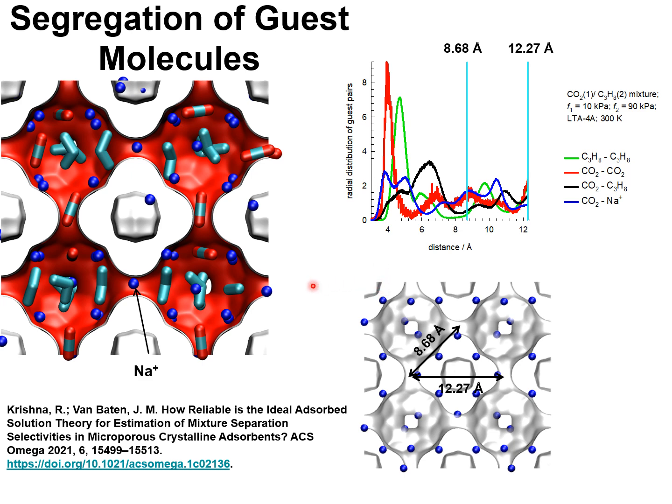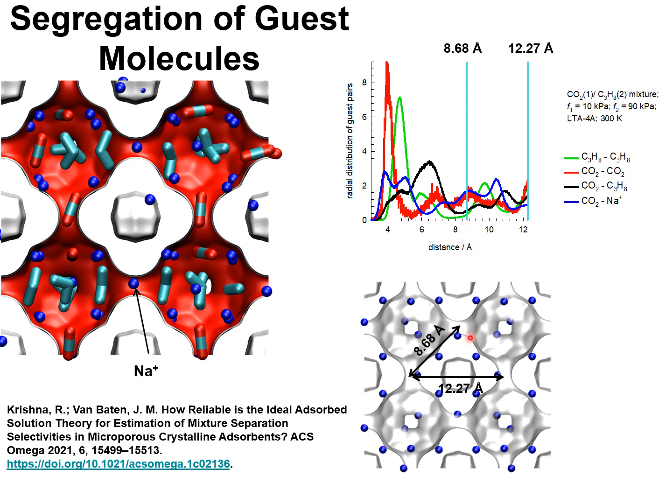Another way to demonstrate the preferential location at the window regions is to see the various peaks in the CO2-CO2 pair distances. There's a peak at 8.68 angstrom. Why is that? The distance 8.68 corresponds to the distance between that window location and that window location. So the fact that another peak appears here is a further indication that the window regions are preferred locations for CO2.